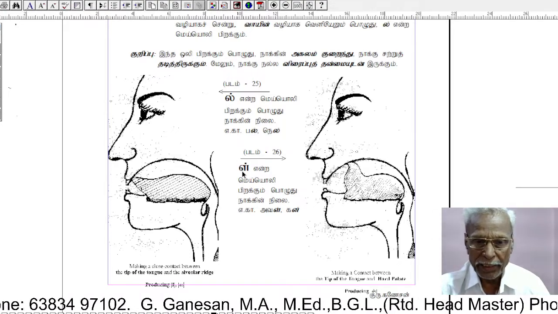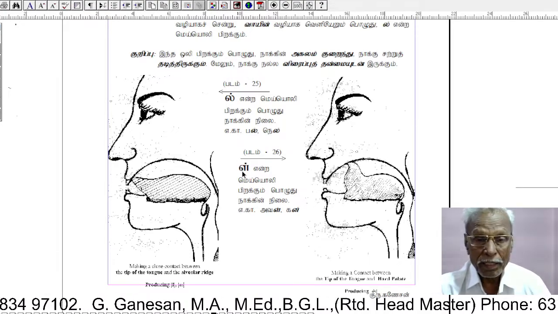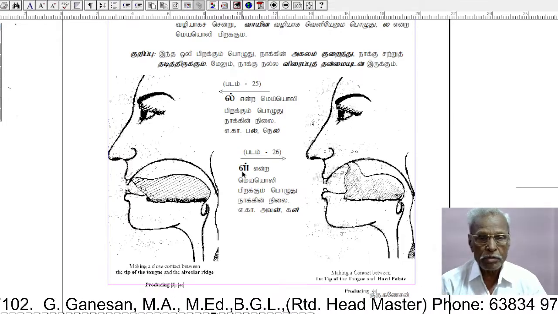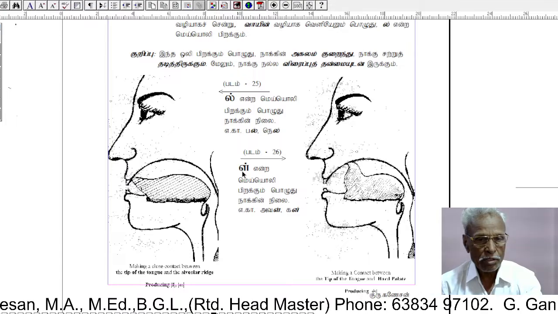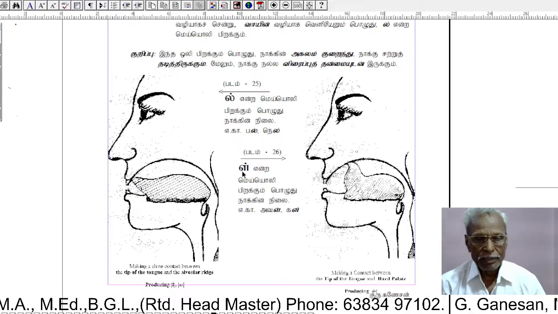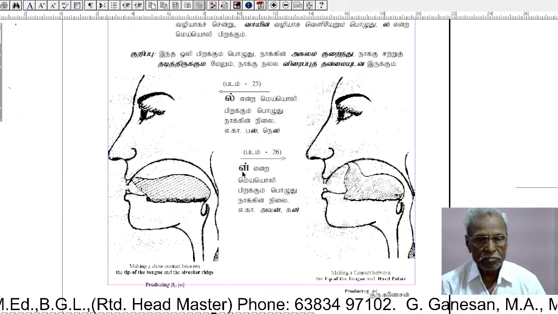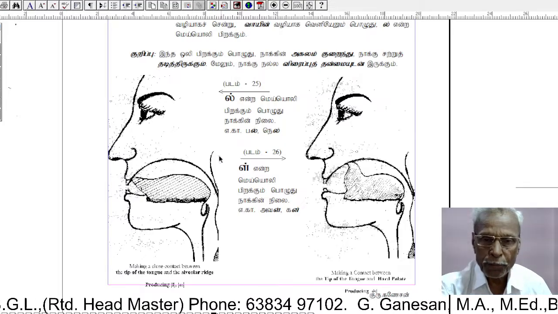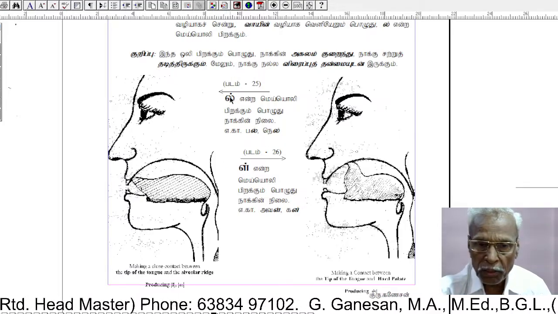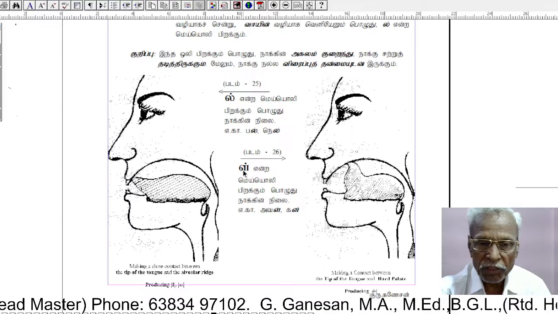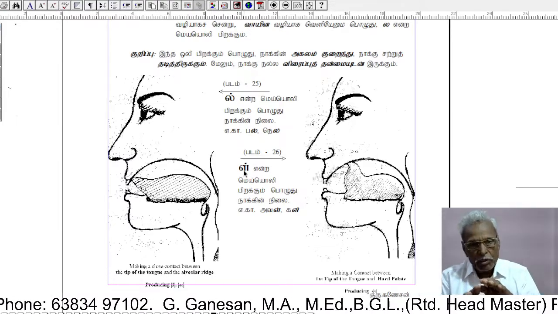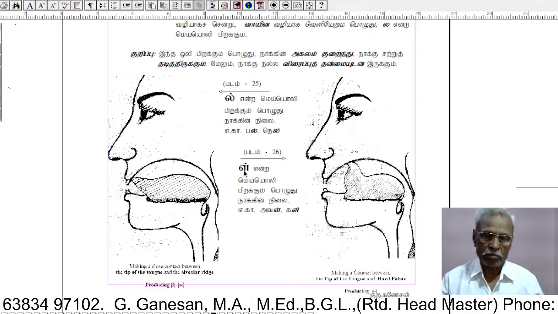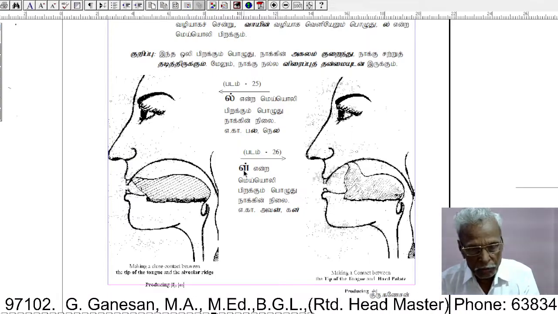And kal with the other sound means toddy. Kal means stone, kal means toddy. If we use one instead of the other, the entire meaning would be different. The entire meaning would collapse.